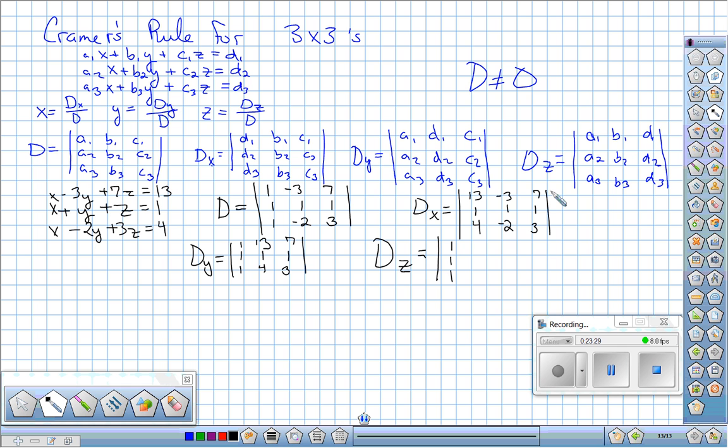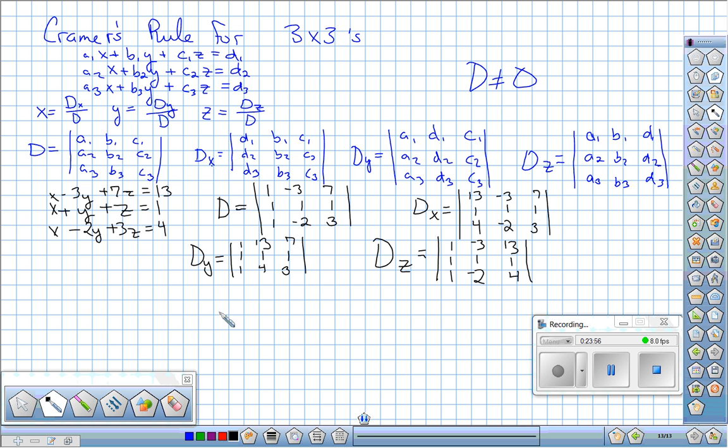My B's are my negative 3, 1, negative 2. And my D column is 13, 1, 4. Okay, so my plain old coefficient matrix, which is my D, is the only one that doesn't have my answers in it, so it doesn't have my D's in it.